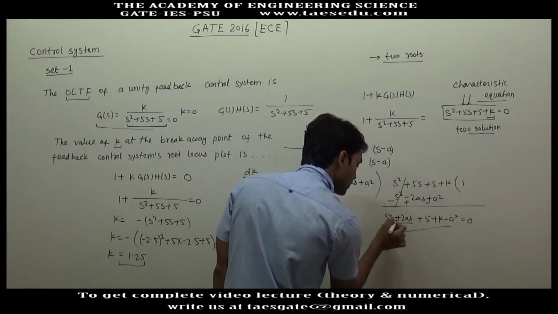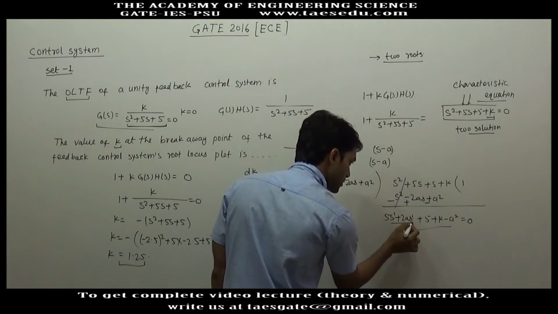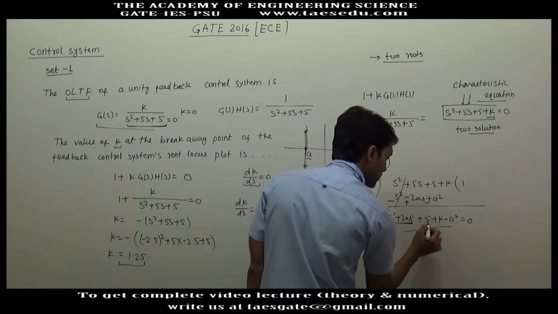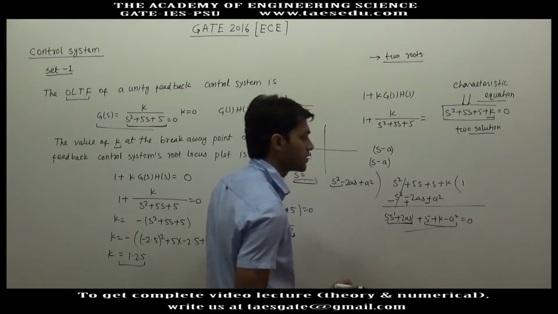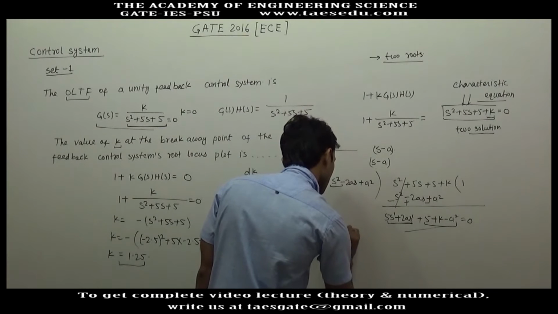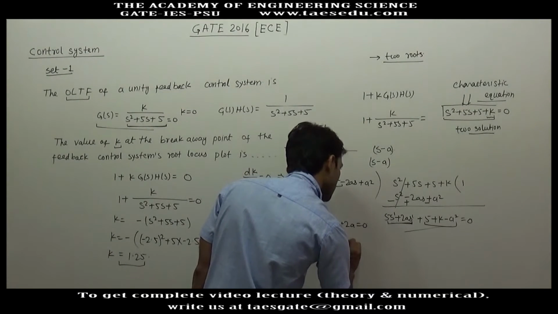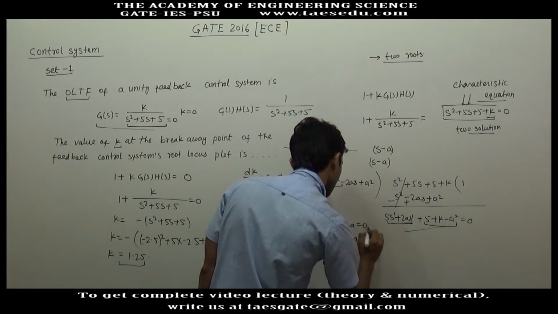Here you have power of s as 1, so this has to be individually 0, and this is a constant, so this has to be individually 0. So 5 plus 2a must be equal to 0, and 5 plus k minus a square has to be 0.